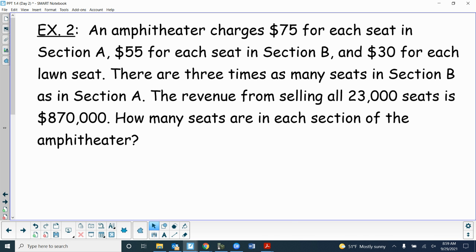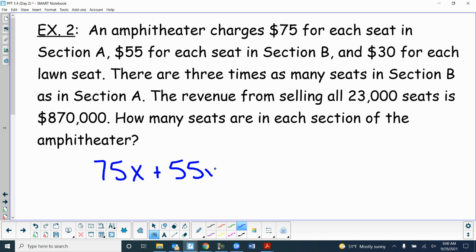So what is he telling me when he's saying 75x plus 55y? What else you telling me? Plus 30z. What's that equal? What's this going to be? Yeah, 870,000.